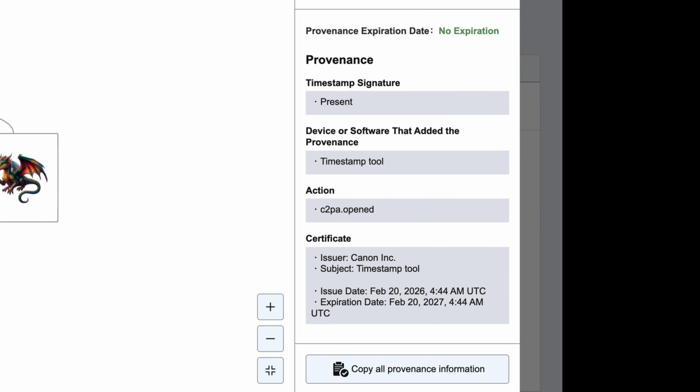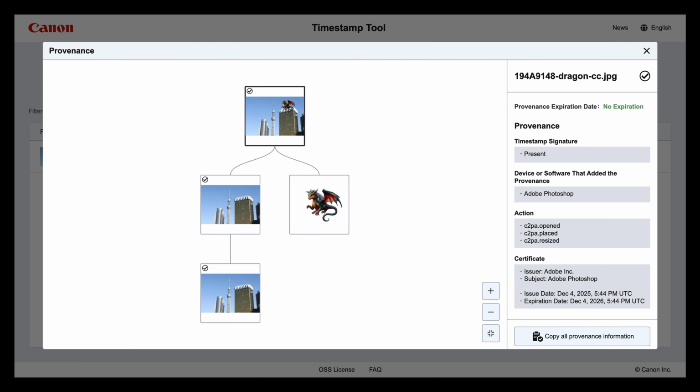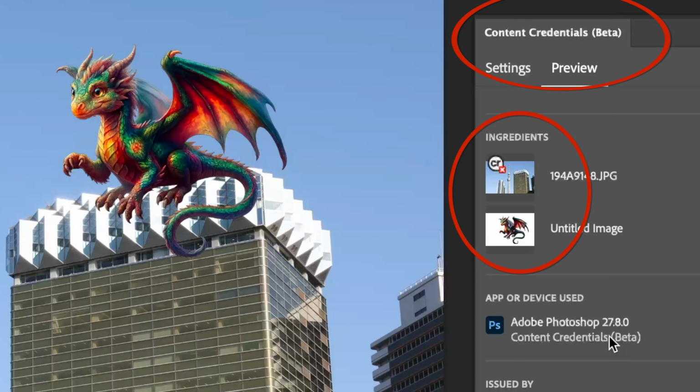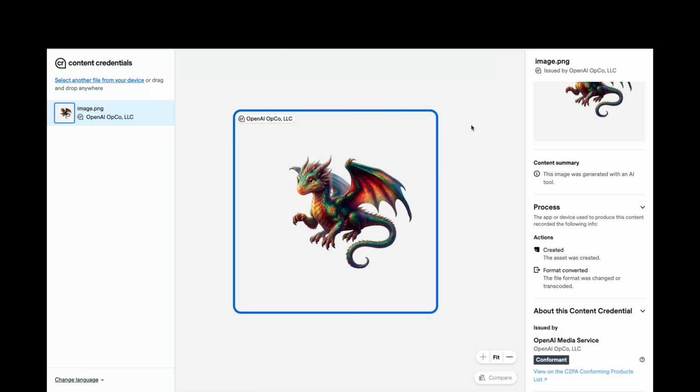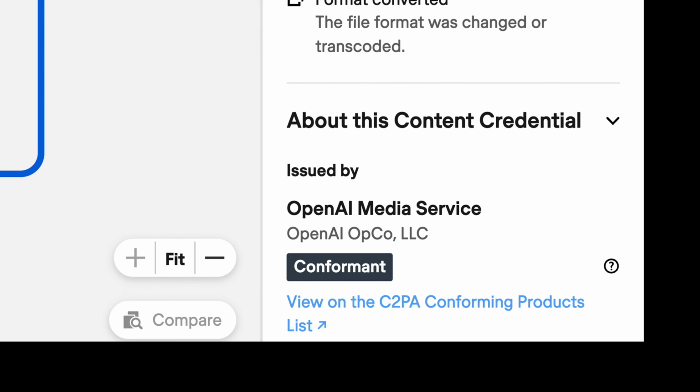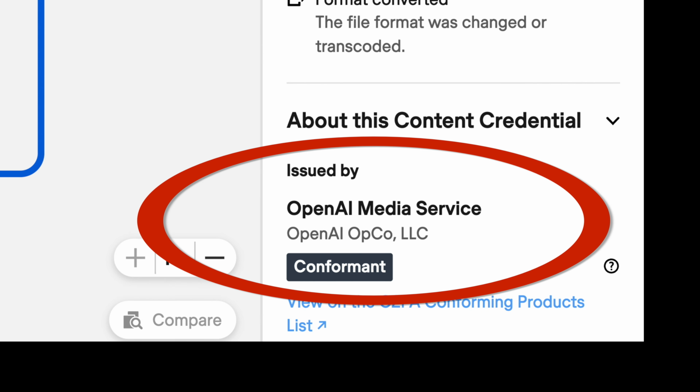This is one of the key principles, that we have to prove that the photo was created at a certain stage, and then we have all these other layers, like that it was opened in Photoshop and that the beautiful dragon was added. Yes, I'm misusing AI here, but at the same time, it really deserves a lot of praise because it's signed as well, because you can clearly see that it was created by OpenAI, and that's also very important.